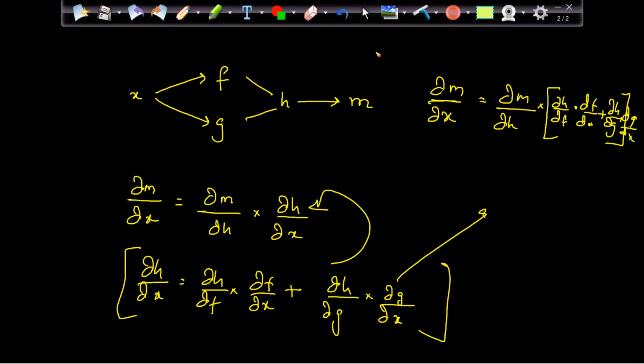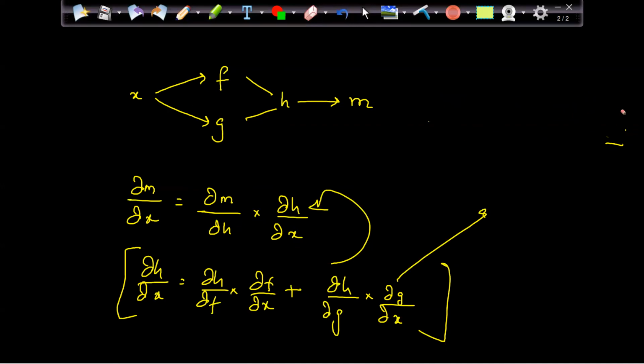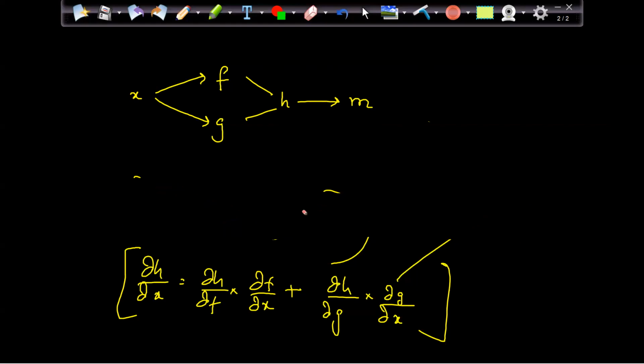Let me write it properly. Let's give some space here. Let's write the final equation, basically how it will look, right? So let's see that.